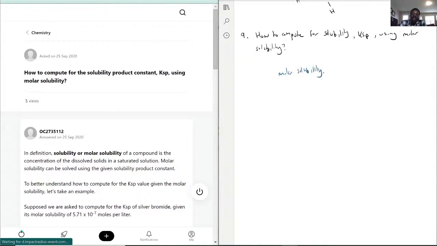It pretty much means that for every mole of the molecule in question, there's a certain amount, in terms of moles as well, that is made from it. So let's say you want to find out the molar solubility of Na3PO4, sodium phosphate.